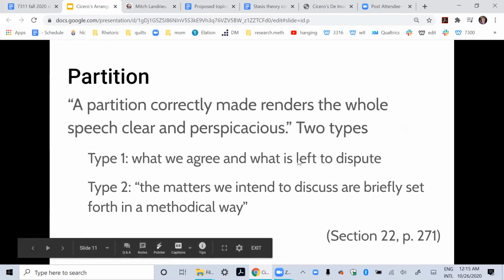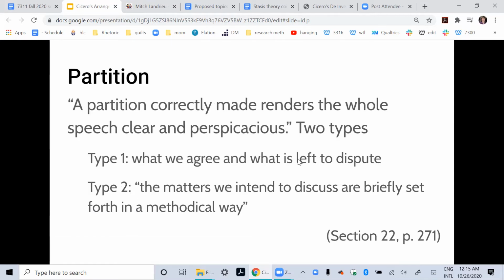Now, the next part of the speech is one that I think more people have some confusion about, just because the term is such an unfamiliar term and we might think of it as something else.